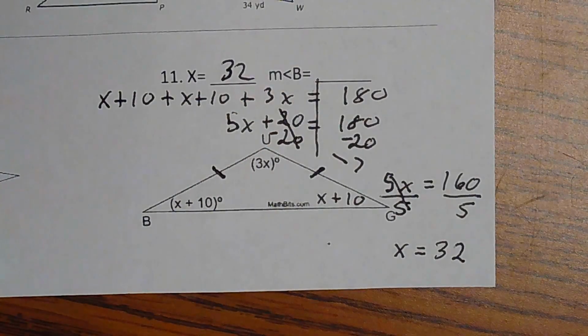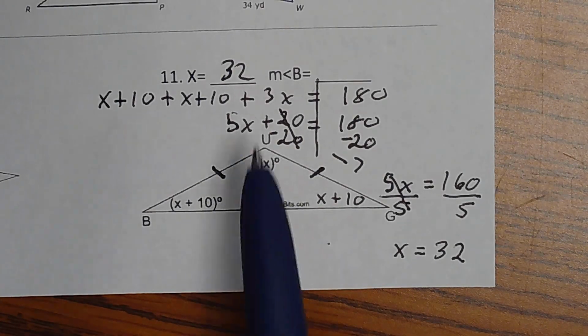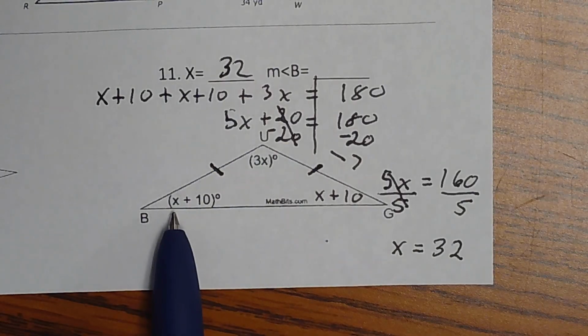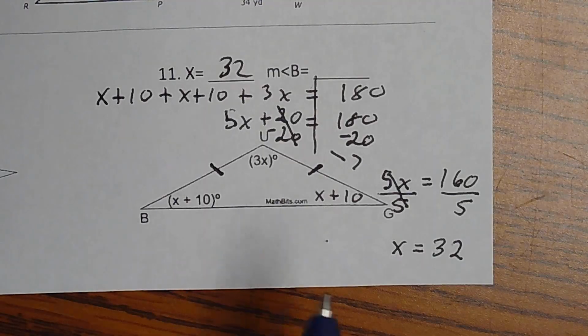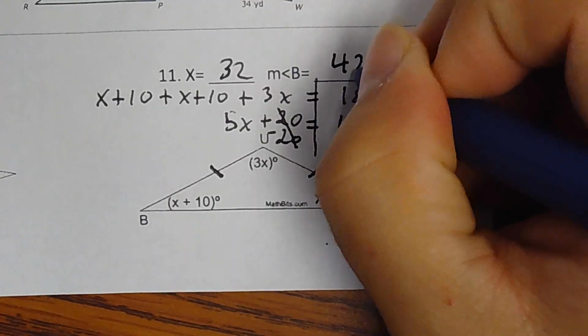Now, am I done with this question? No. What else is it asking for? The measure of angle B. So if I just found out x is 32, what do I do with this right here? You plug it in, so I'm going to add 10 to it, which is 42.